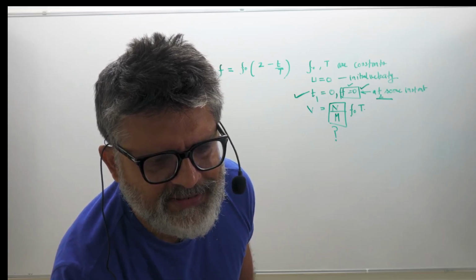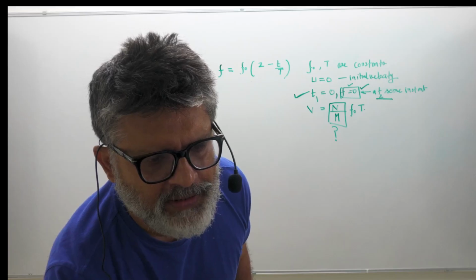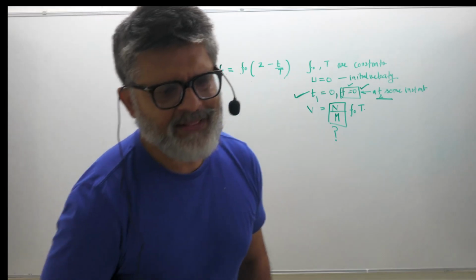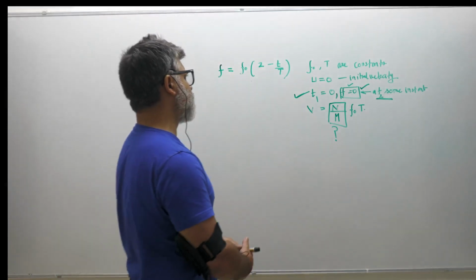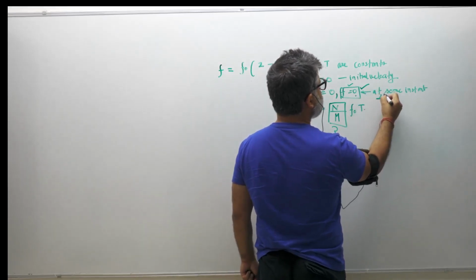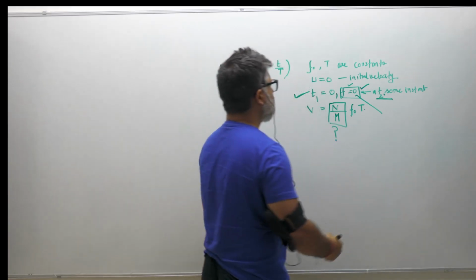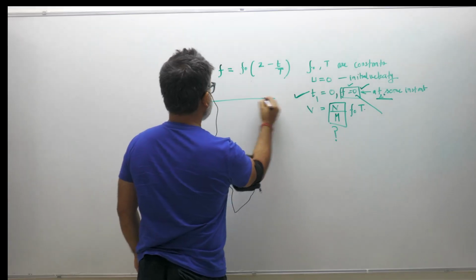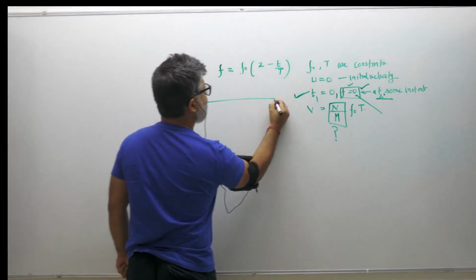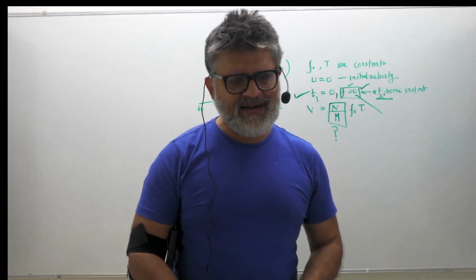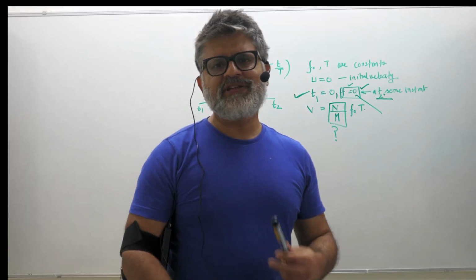What it says is, in the time interval between t equal to 0 and the instant when F is equal to 0, some instant t2 where F is equal to 0, the acceleration is 0.